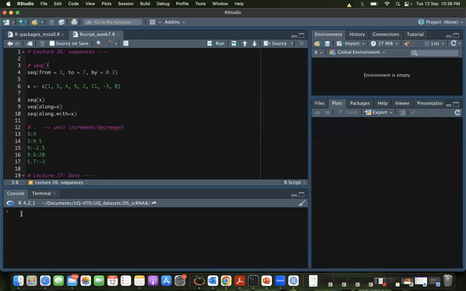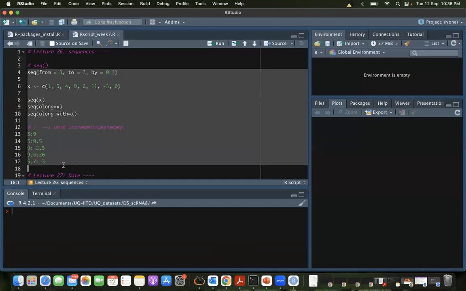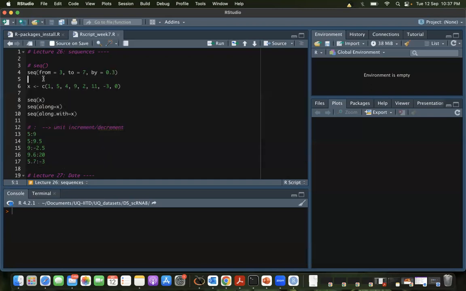Whenever you want to make a vector, some sort of a sequence, there are different ways in which you can do it. Here you can see 3 of the ways that you mostly use when working with R.